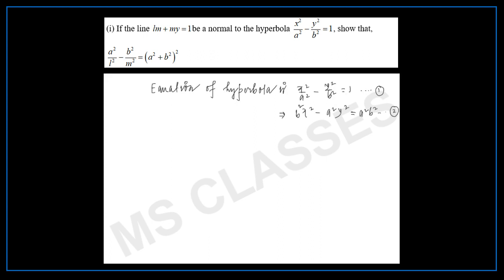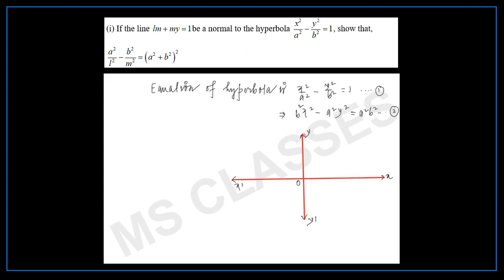Now, for finding the normal to this hyperbola, we have to take a point of contact first. If we try to represent this graph in the Cartesian plane, just for our understanding, here we have the y-axis, here we have the x-axis, x prime, x, y prime, y.